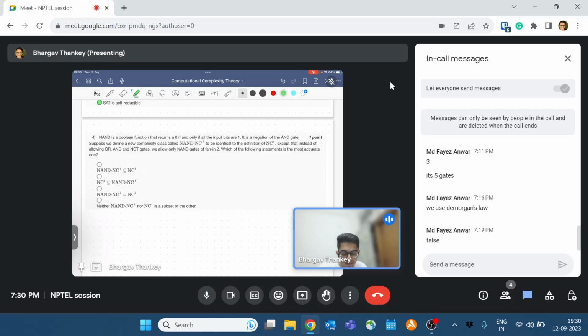Suppose we define a new complexity class NAND NC^i to be identical to the definition of NC^i, except that instead of allowing AND, OR, and NOT gates, we only allow NAND gates of fan-in 2. Which of the following statements is the most accurate one? NAND NC^i is in NC^i, NC^i is in NAND NC^i, both are the same, and neither NAND NC^i nor NC^i is a subset of the other. So, which of these four are true?